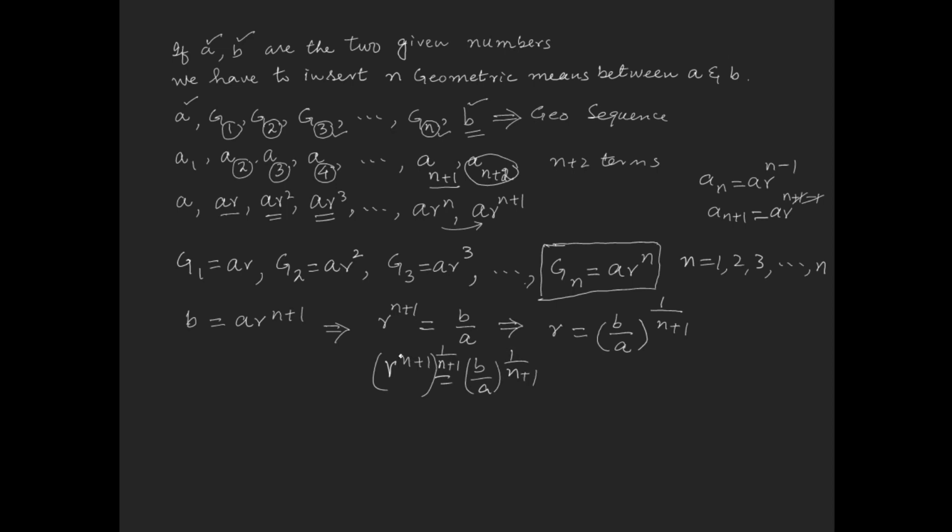This is n plus 1 and this is 1 over n plus 1, so these two will cancel and we will get R. And on this side, B divided by A in brackets, whole power 1 over n plus 1.